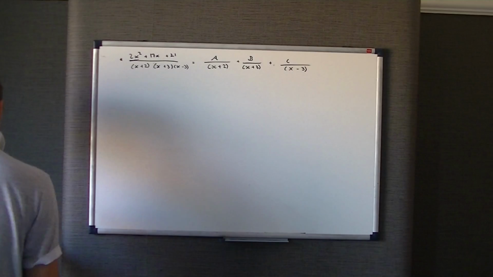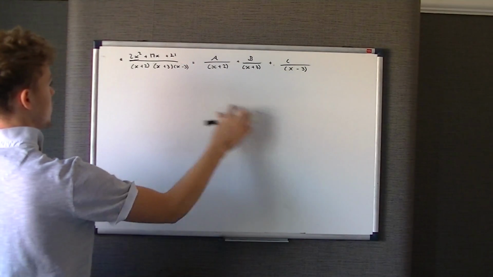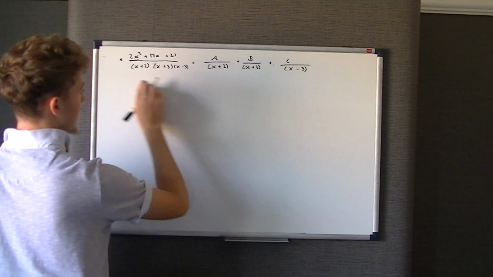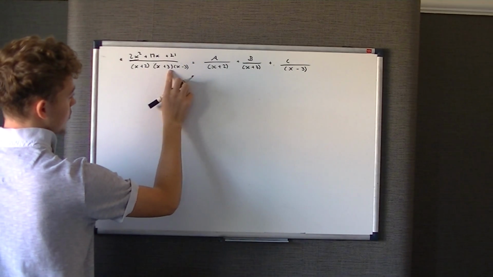What we first need to do is times both sides by (x plus 2)(x plus 3)(x take 3).